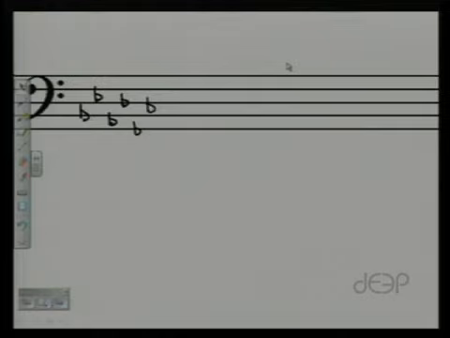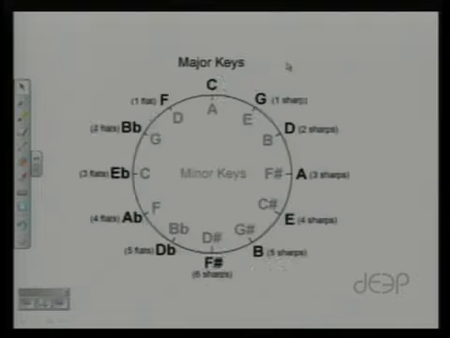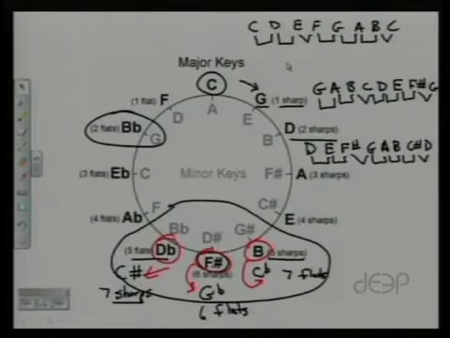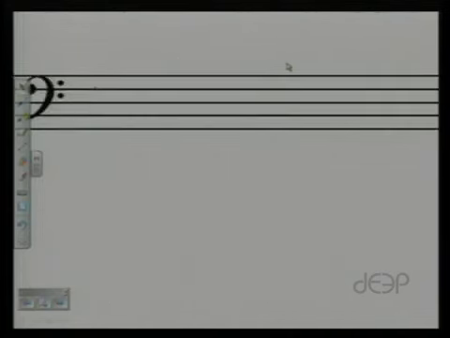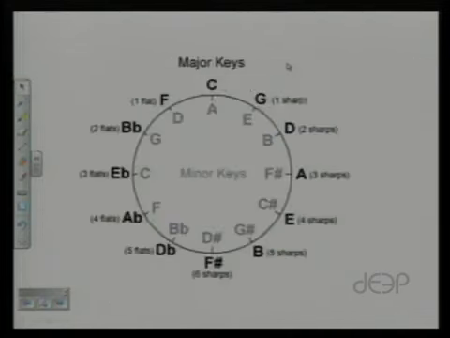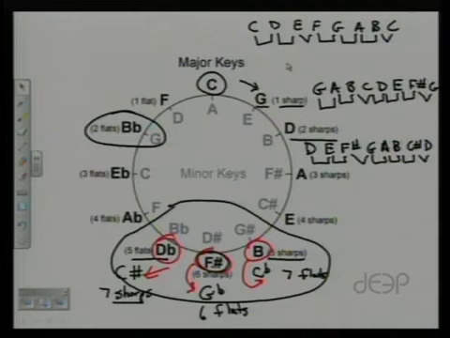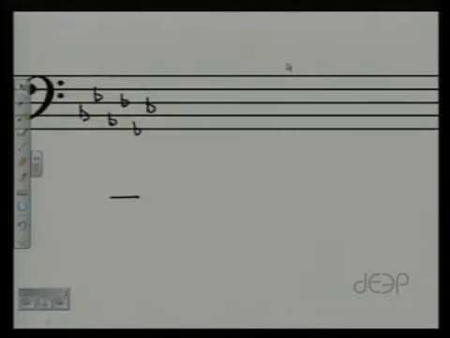Well, you do that down here. This is the key of. So to identify that, you want to go back here. And how many flats was it again? It's 6 flats. So 6 flats is down here on the bottom, the key of G flat. And we're going to identify that as G flat major.